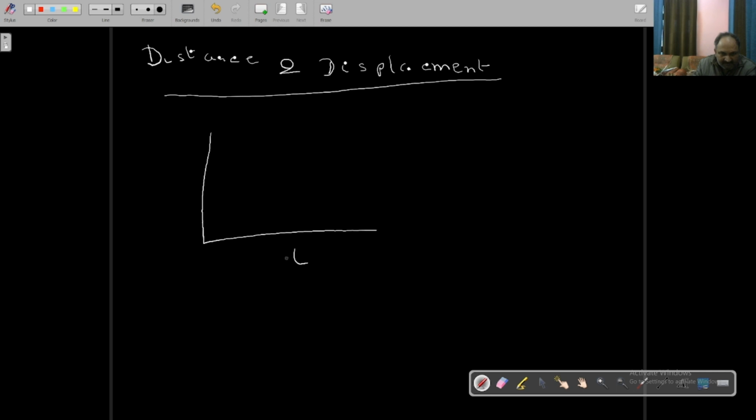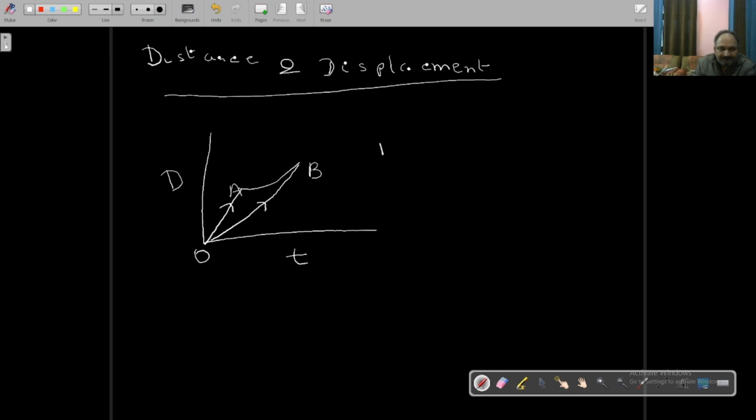This is the time axis and this is the distance axis. Let a particle move from A to B. Let us join these points with the origin. Point B.